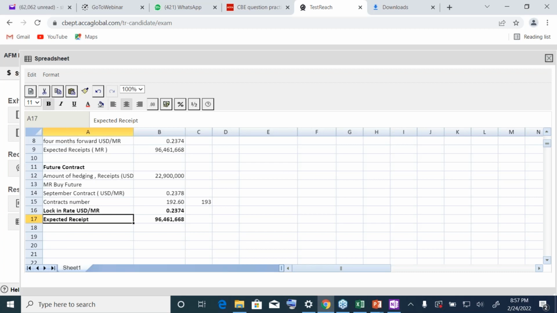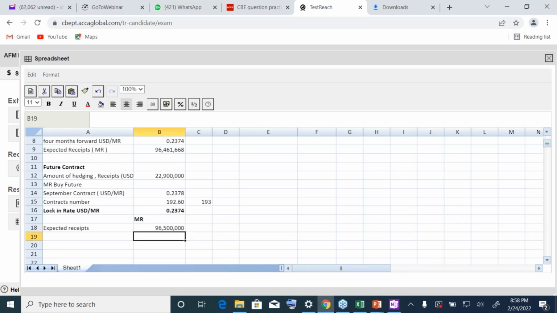So guys, how to solve today's question? You will not be solving in this way. The expected receipt will be solved in a different way. So let's calculate expected receipt in MR. How many contracts have you bought? 193, and each contract carries 500,000.